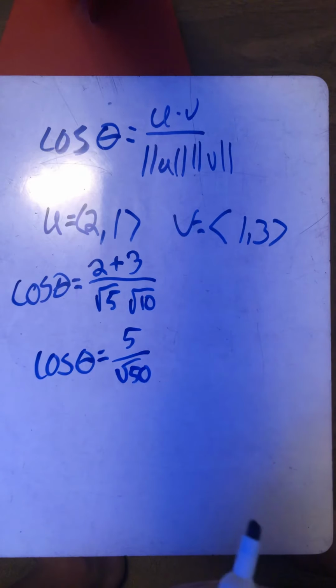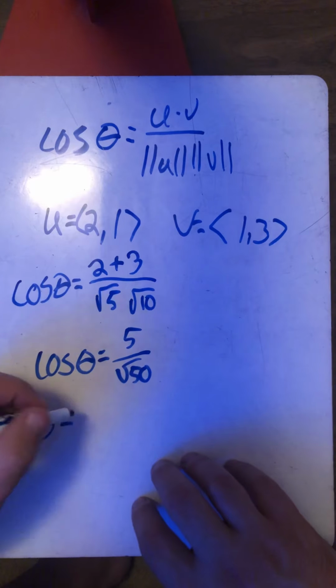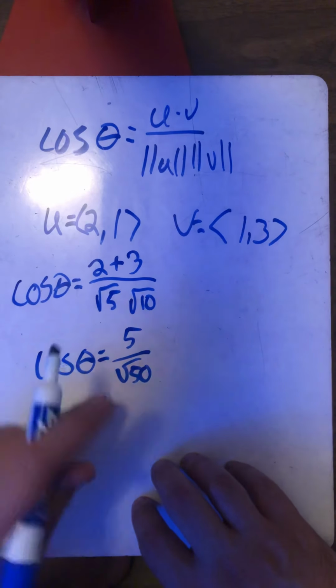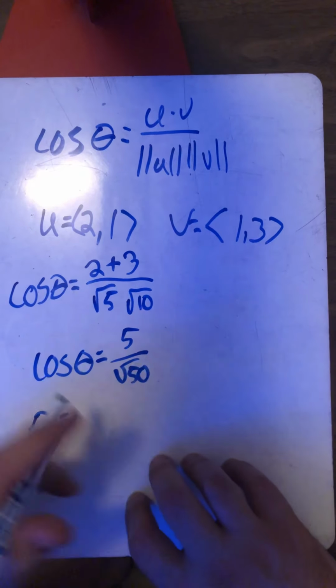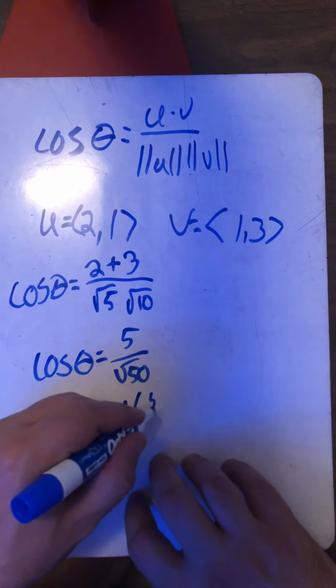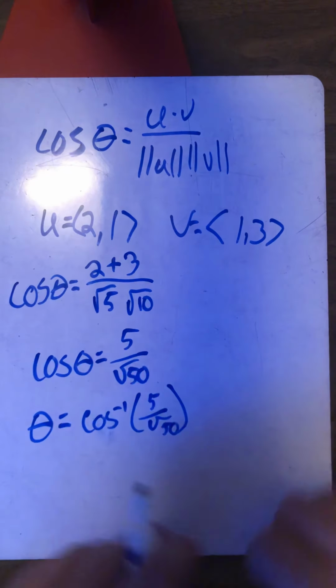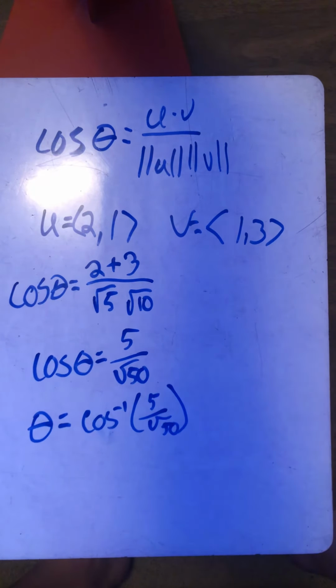Now, if we want the angle theta, I want the answer in degrees. So theta is equal to the inverse cosine of 5 over root 50. All you have to do is plug that into your calculator and you are good to go.